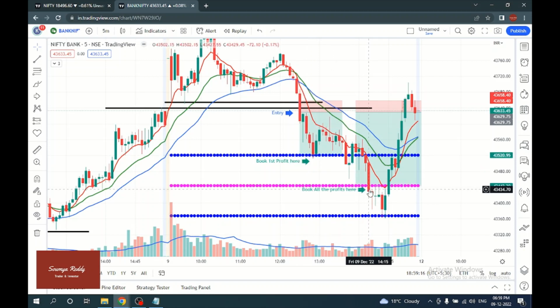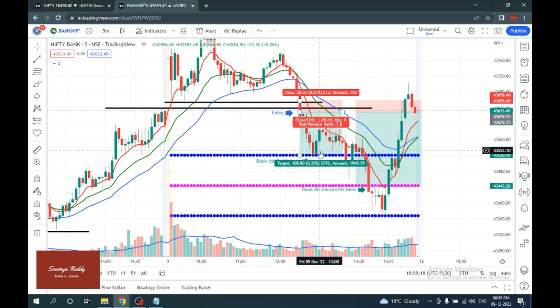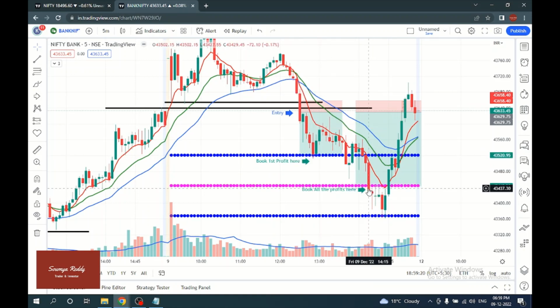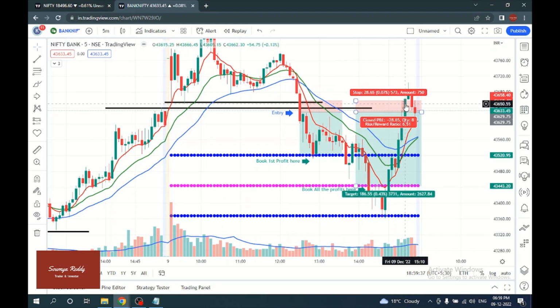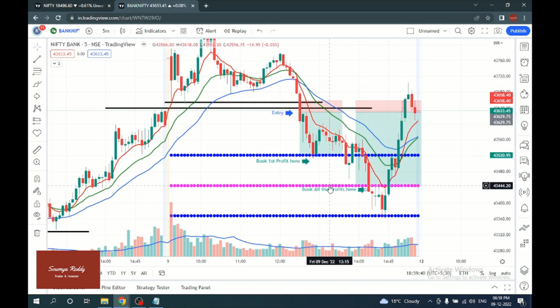Since Nifty was very weak, we could take another chance and keep 25% of our lots as is and try to book the second profit here, because the central pivot will act as a very strong area of reversal. Good that it came till the pivot point and reversed from here. It's good for us to book profit from here.